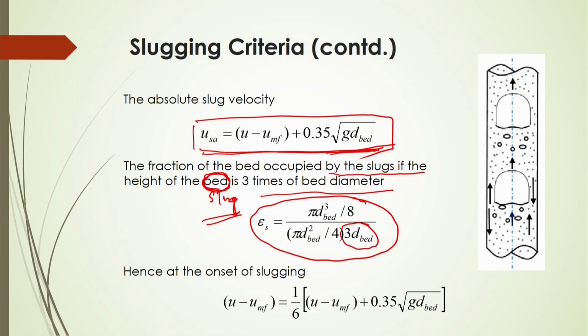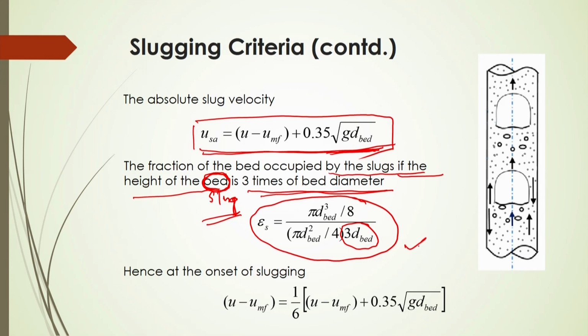There will not be only one slug; there may be more than 2 slugs. So, if you are considering all the slugs occupying the bed, then this is the fraction of the bed occupied by the slugs if the height of the bed is 3 times the bed diameter.